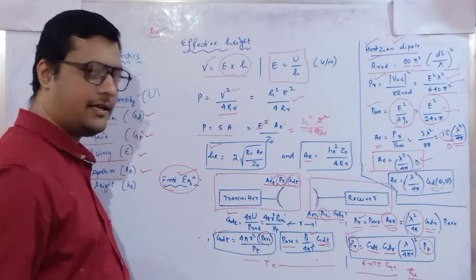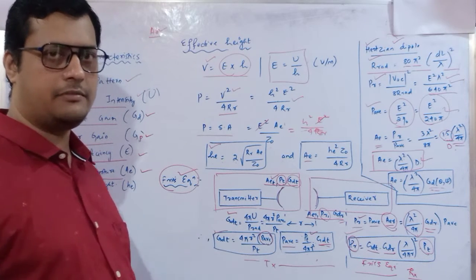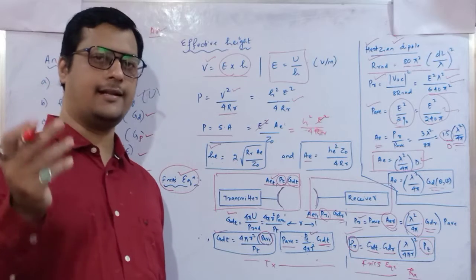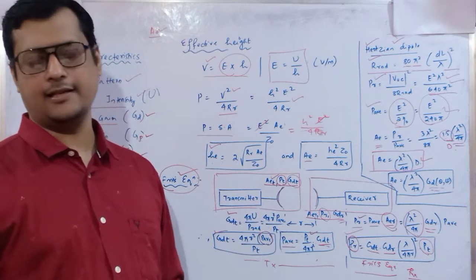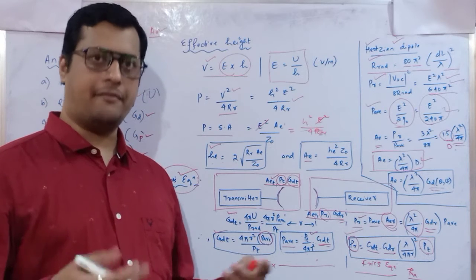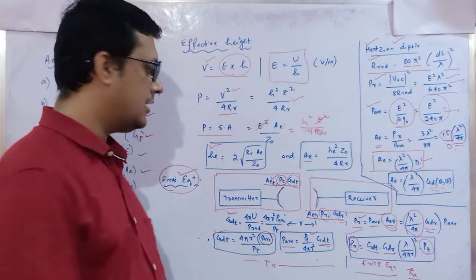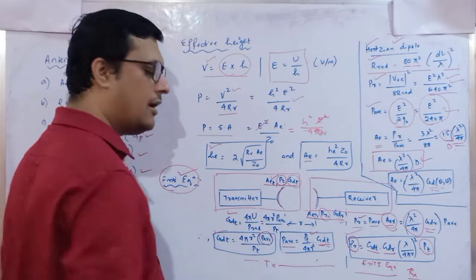For the transmitter we have a relation for G_DT, the directive gain, which we have seen: 4 pi times intensity divided by the radiated power. Now this intensity can be written in terms of average power also. We only have to multiply by R squared into P average.